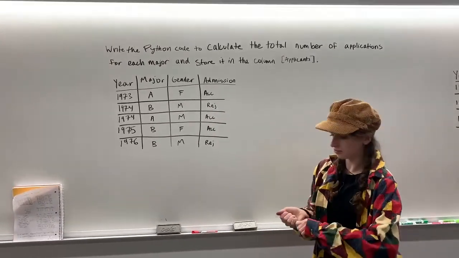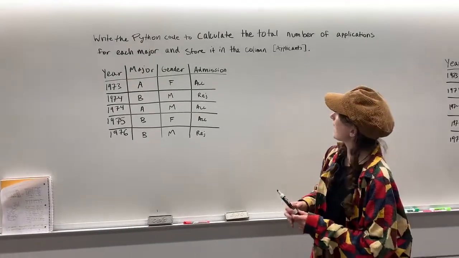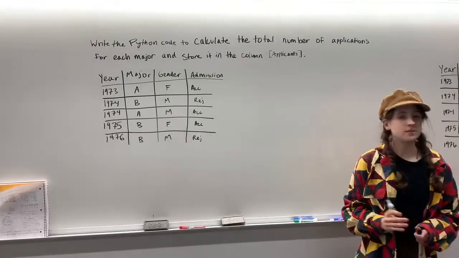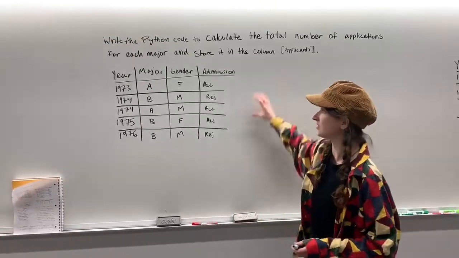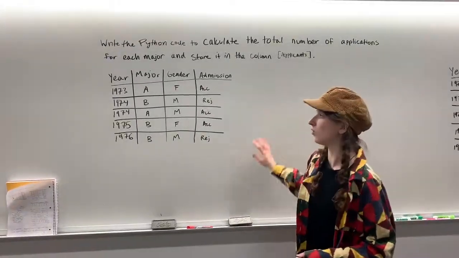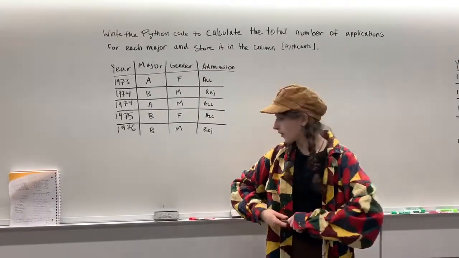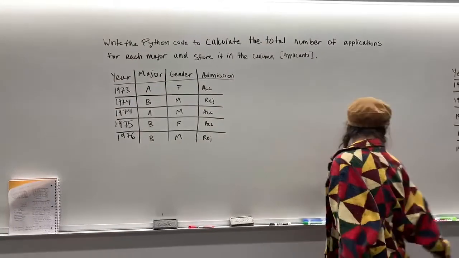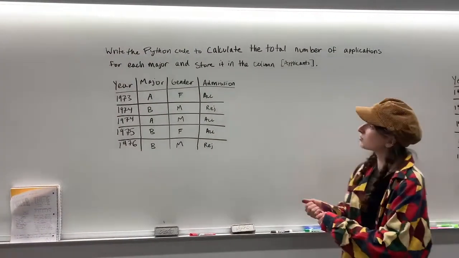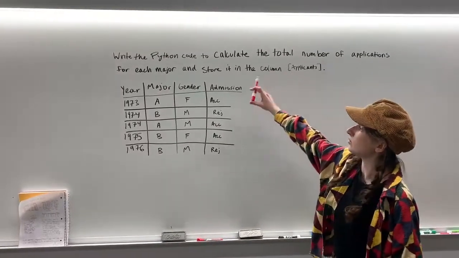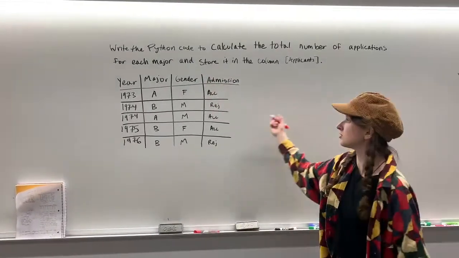And so in this problem, you want to analyze each major as a whole. One way we can break data down into groups while still looking at the whole entire thing is with grouping functions, which we've been learning about. Because you're looking at the Python code that'll look at data for each major, you want to group by major.